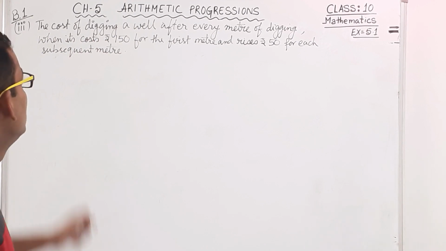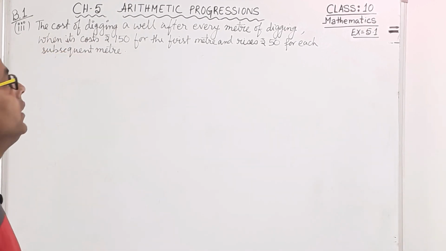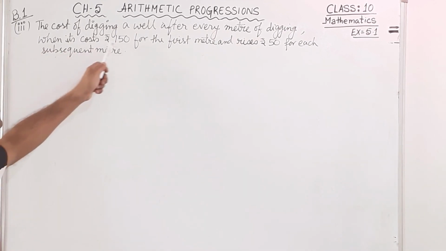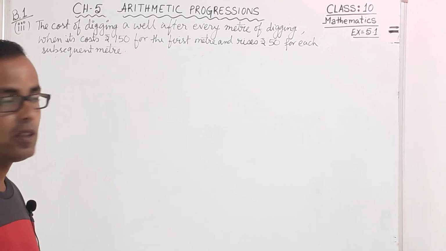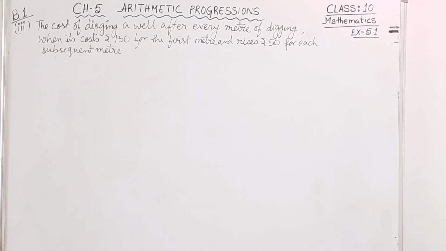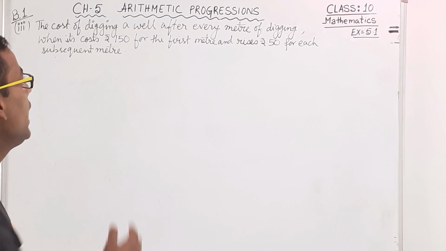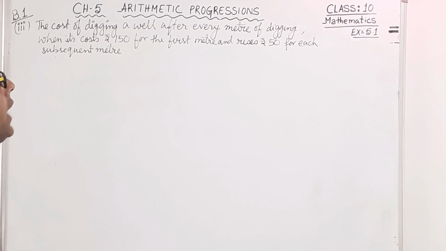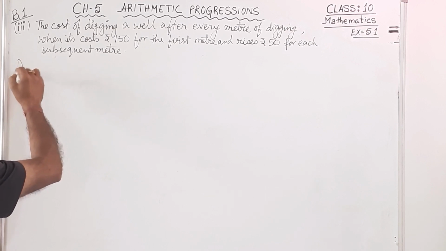To dig that well, after every meter of digging, it costs rupees 150 for the first meter, and rises rupees 50 for each subsequent meter. Then again 1 meter more, then that time it will increase 50 rupees more. So how will we solve the sum?